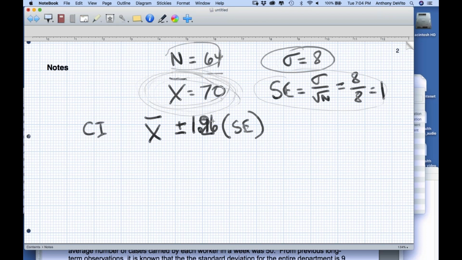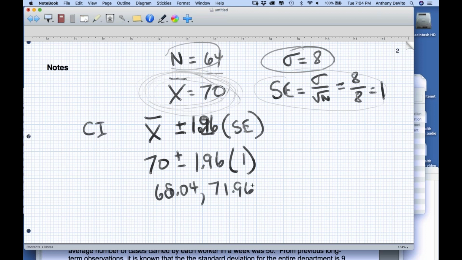So I'm going to use that instead of 2. Substituting, I have 70 plus or minus 1.96 times my standard error, which is 1. So 70 minus this is 68.04, and 70 plus that is 71.96.